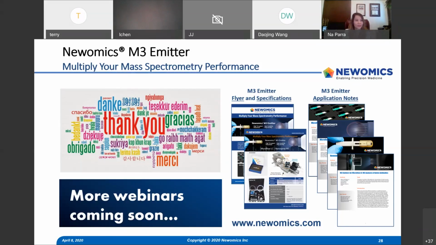But depending on what you compare to, if you compare to high flow, then run microflow, you can get 10 times or even 100 times sensitivity increase, depending on your molecule. Again, to answer your question, it works for high organic. It actually ionizes better, but relative increase depends on the molecules you are analyzing. I hope this answers your question.